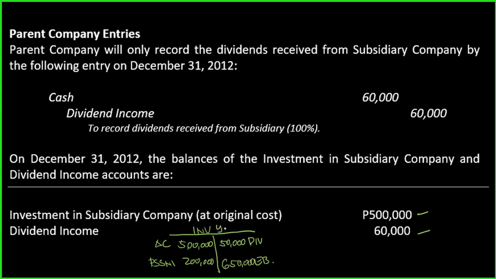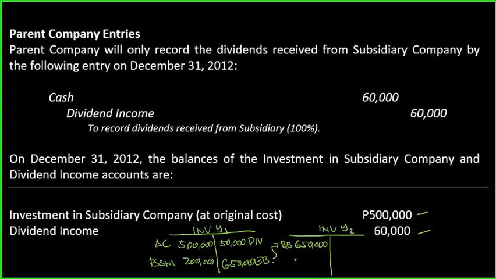That's for year 1. Now for year 2. Look at this: in year 2, under the cost method, it's still 500. Using the equity method, the beginning balance is now 650,000 pesos.